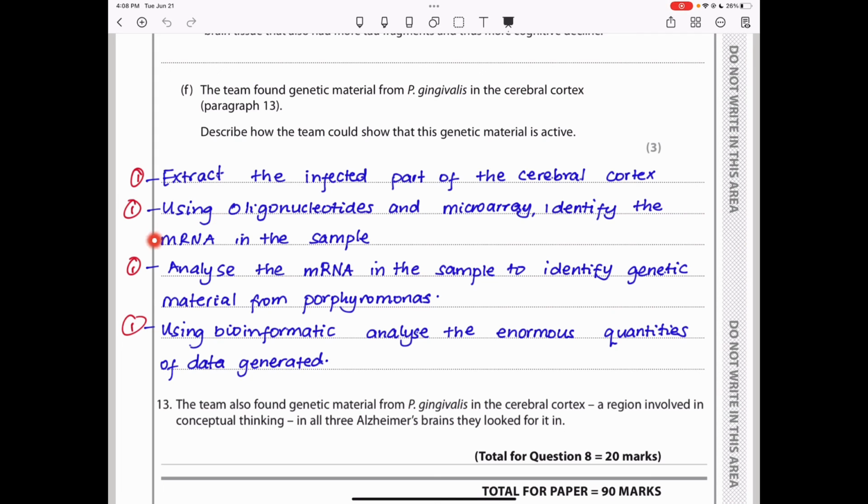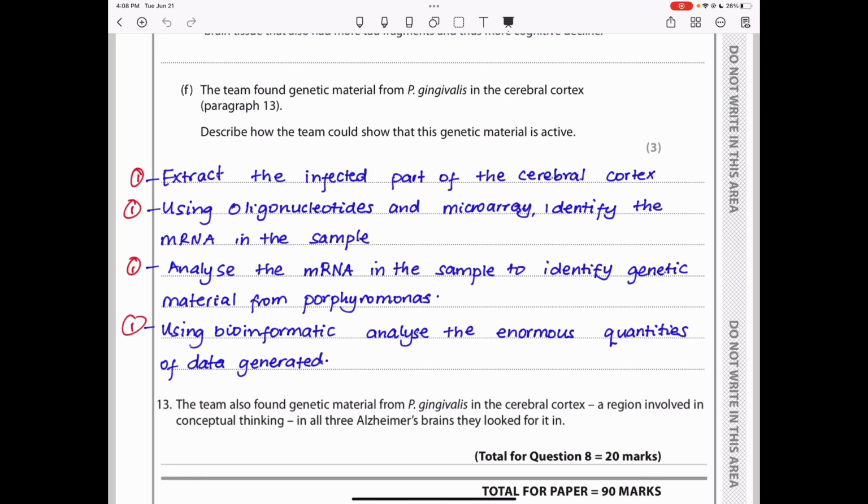Remember, any messenger RNAs present in the sample are indicative of any active genetic material, any active DNA or segment of the genes that are active and therefore are being transcribed. So if messenger RNA is present, it means there is a possibility that it's going to be used to make proteins. So those proteins could be the ones we are looking for.